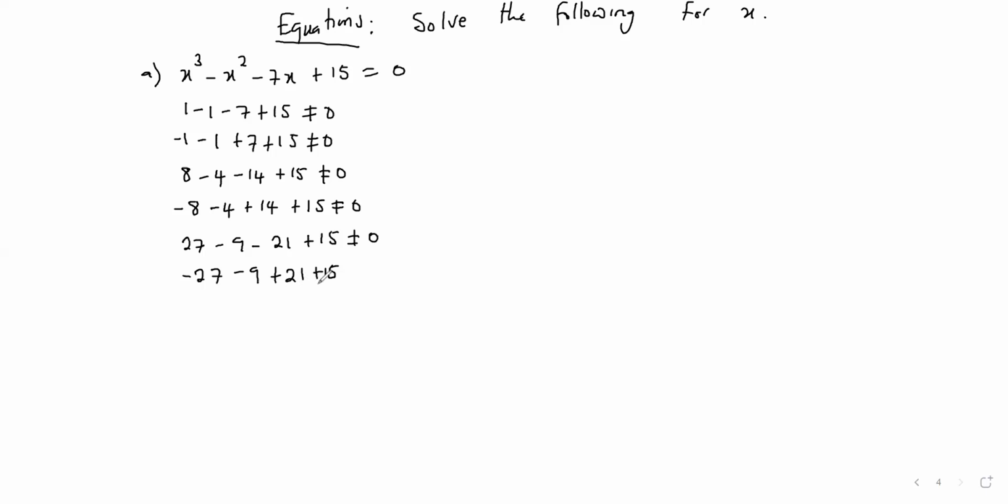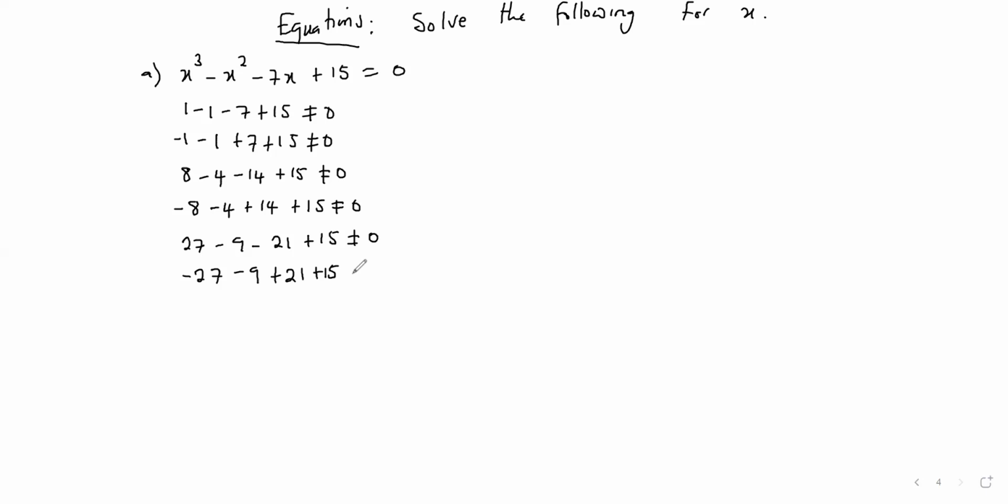Looks like this is a 0. Let me confirm. Negative 27 - 9 + 21 + 15.